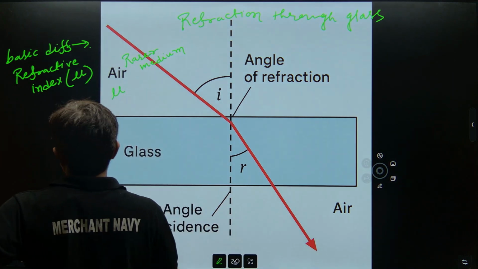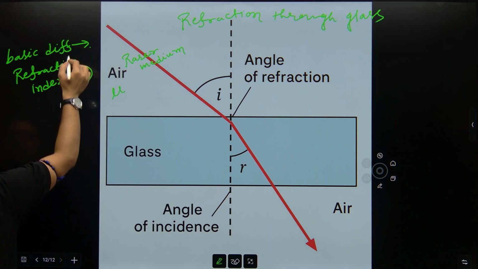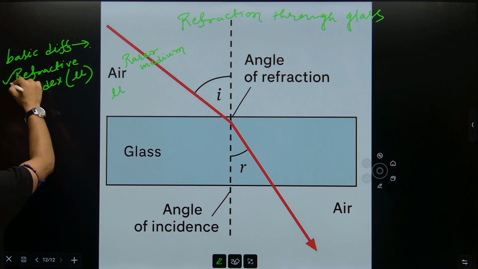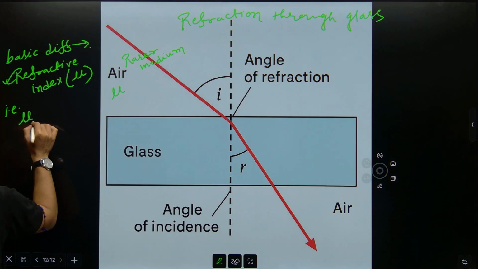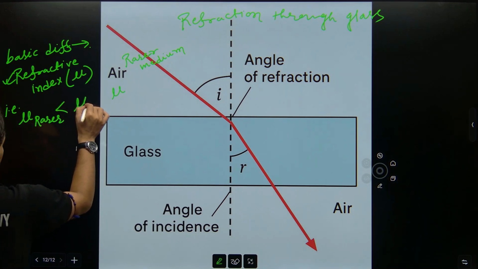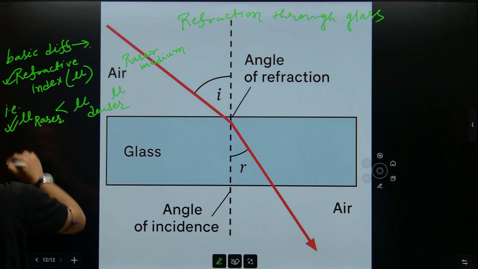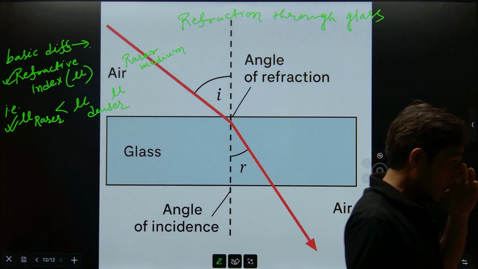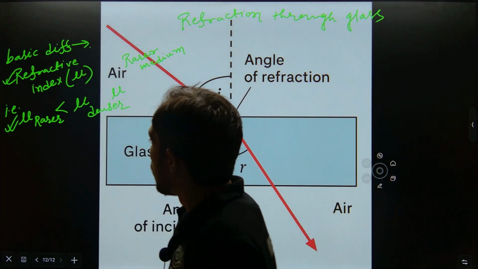So the basic difference between two media depends upon the refractive index. That is, mu of rarer is always less than mu of denser. This is the first condition for selecting a medium.